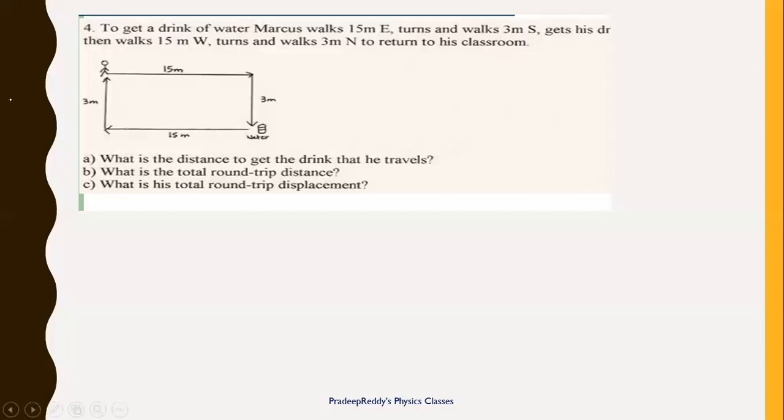Students, in this problem, we should find out the following questions A, B, and C. In the problem, it is mentioned that to get a drink of water, Marcus walks 15 meter east and turns and walks 3 meter south, gets his drink. Then he walks 15 meter west, turns and walks 3 meter north to return to his classroom.